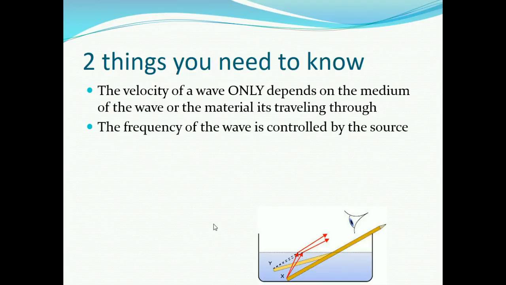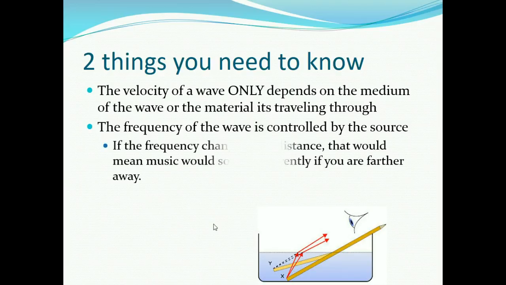Even if you're hearing through water, you will hear the same exact frequency. So if frequency did change over distance, which is not true, that means that music would sound differently if you were farther away from the speaker.